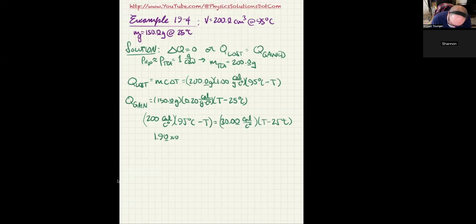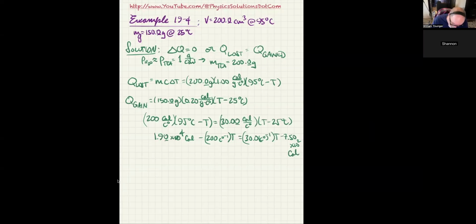And actually, it's only two sig figs, so I have to stick with it that way. 1.9 times 10 to the fourth calories minus 200 calories per Celsius degree times T for the left hand side, but for the second term, the other one's going to be 30.0 calories per Celsius degree times T minus 30 times 25, and that gives me 7.5 times 10 to the 2, and that's calories.